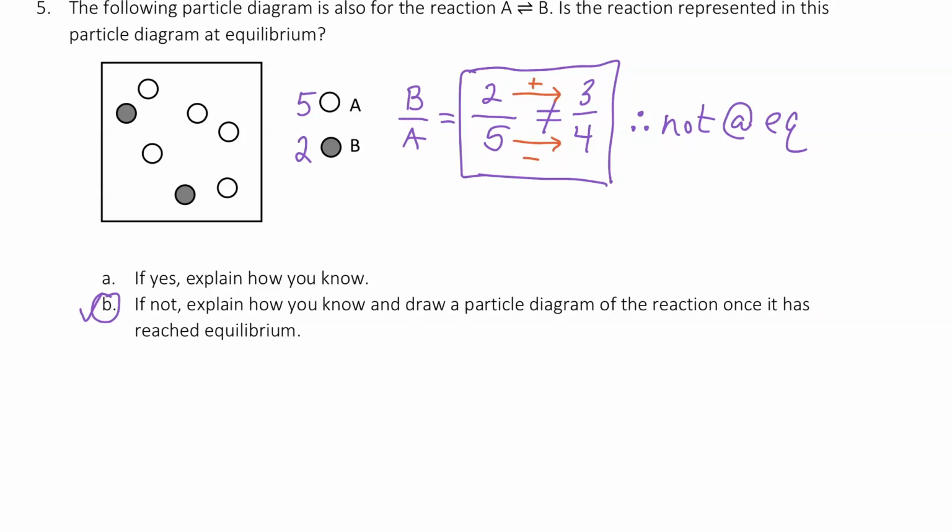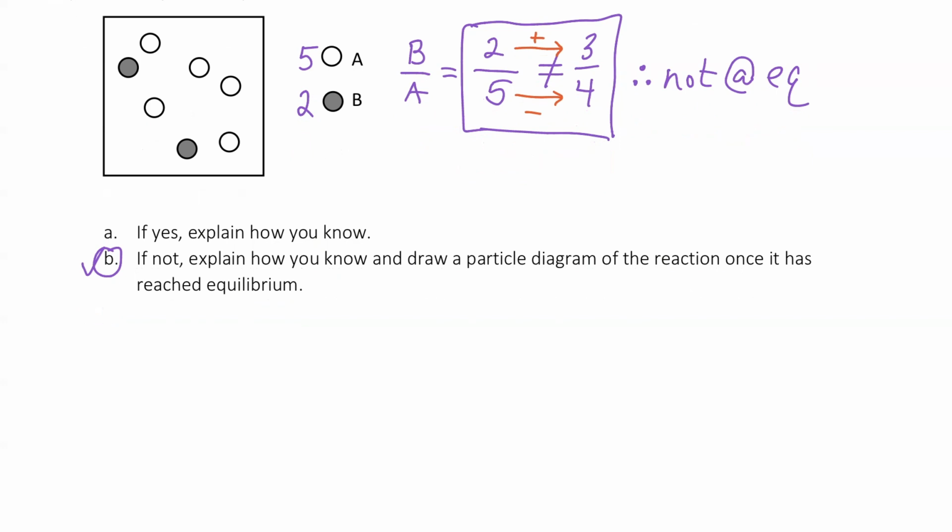Because here's the deal, we're not always going to have a particulate representation, but the particulate representations, I hope, have been really helpful to conceptualize what it means for a system to not only reach equilibrium, but to stay at equilibrium. Okay, so what's our picture going to look like then?